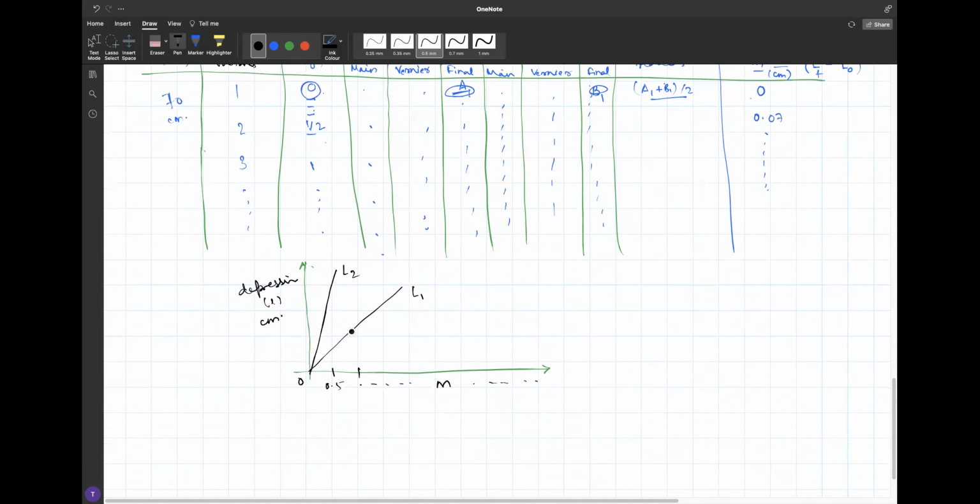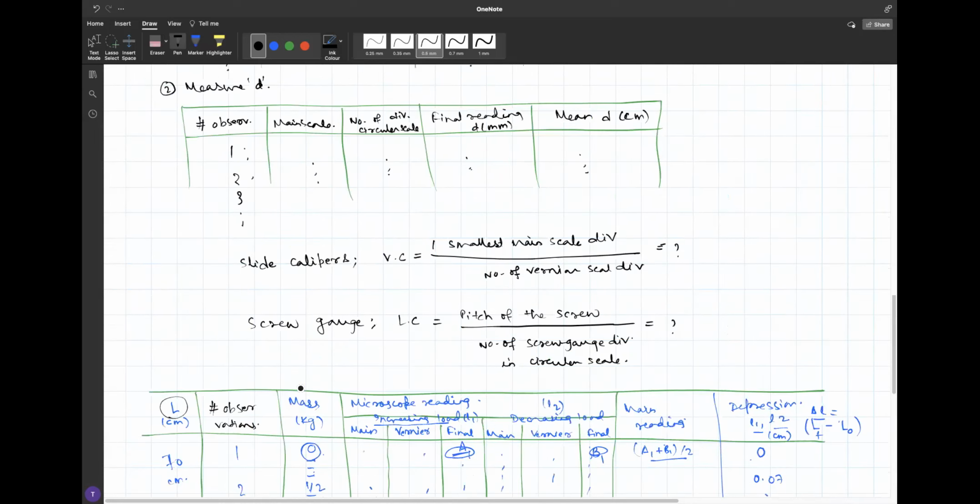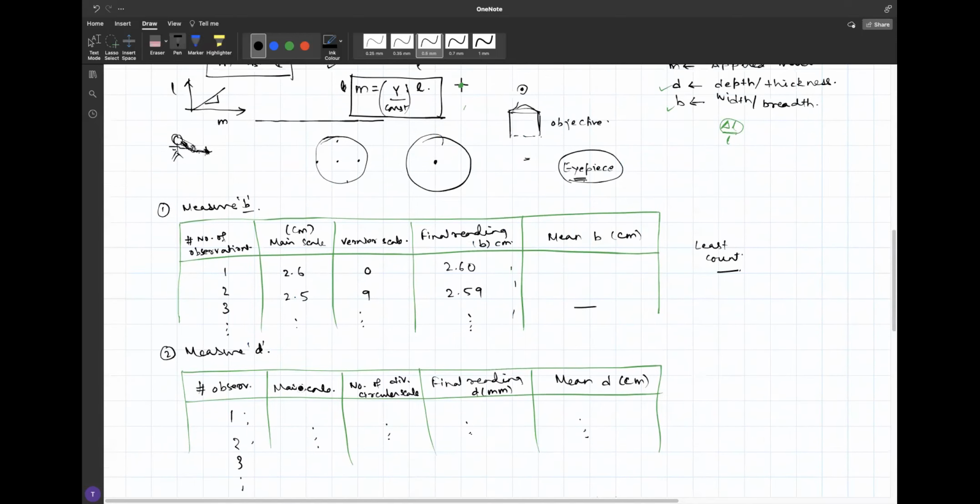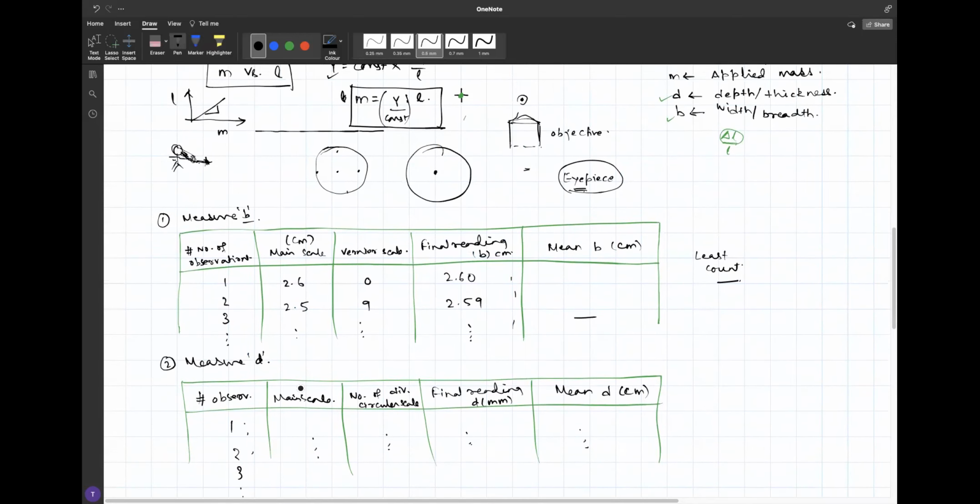Excuse me, ma'am. Yes. Ma'am, B is the ratio of width by breadth, that is W by T. So ma'am, in the table where we are measuring B, we are using vernier caliper. So the observation and reading of vernier caliper will only give the width, no? Then how are we calculating the T?